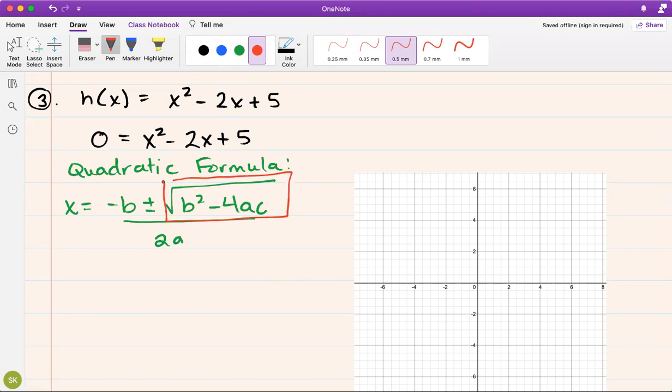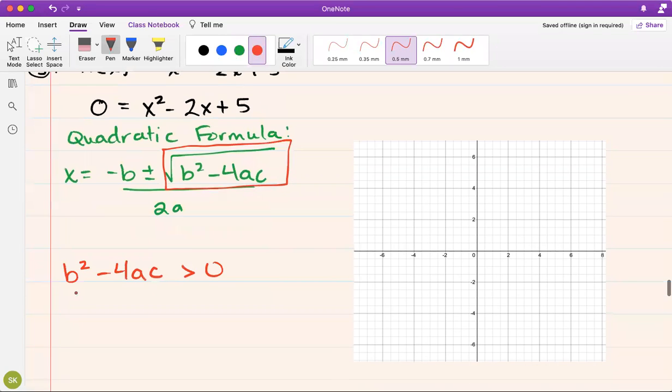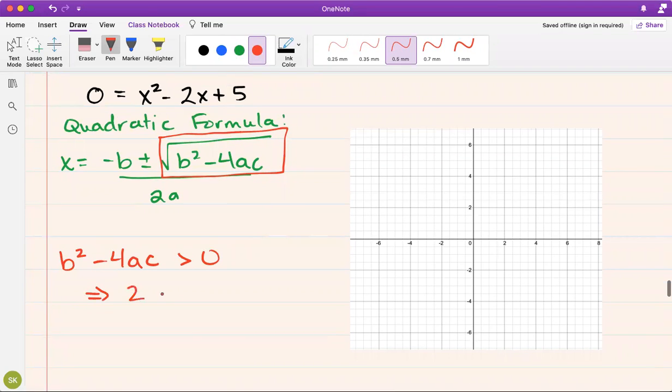Let's focus on this piece, because if we're going to have a square root of a negative number, it's going to come from this piece right here. So let's write a few things down. If b squared minus 4ac is greater than 0, what's going to happen is we're going to get two real roots, and they're not equal.